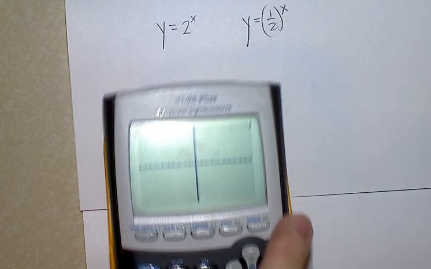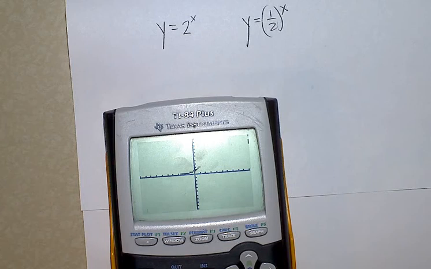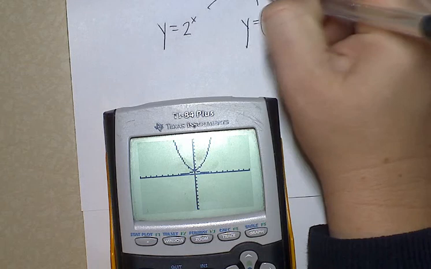And they asked you to compare the two. If you recall from a couple days ago, we realized that these two functions reflect across the y-axis.